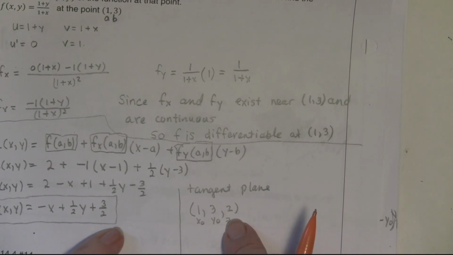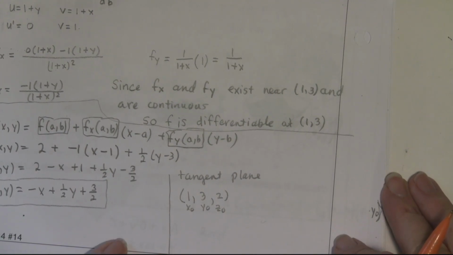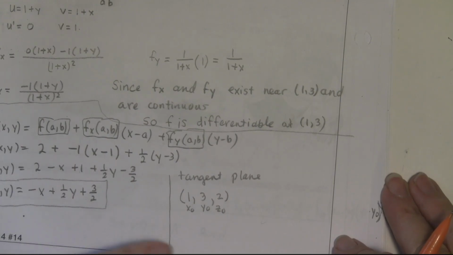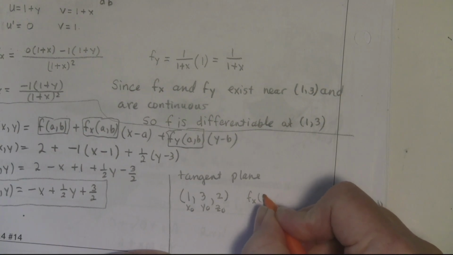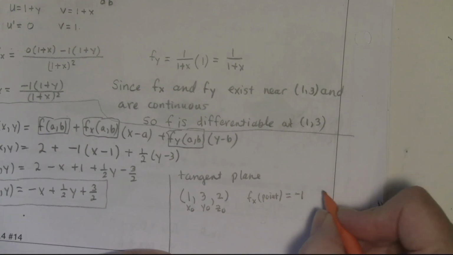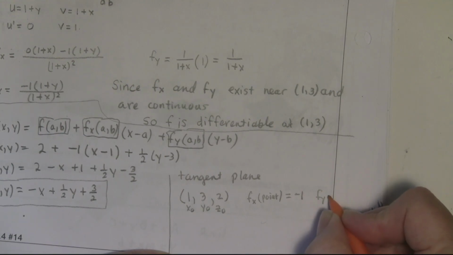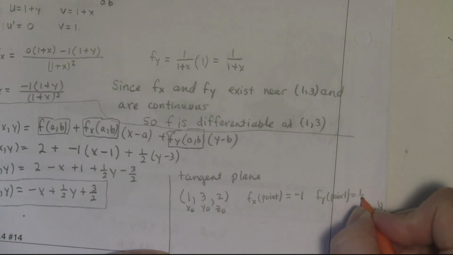Then the other thing that you needed to know was the partial with respect to x at a, b in this case. Well, we just found that, right? The partial at the point was equal to negative 1. And you needed the partial with respect to y at the point, and we found that was half.